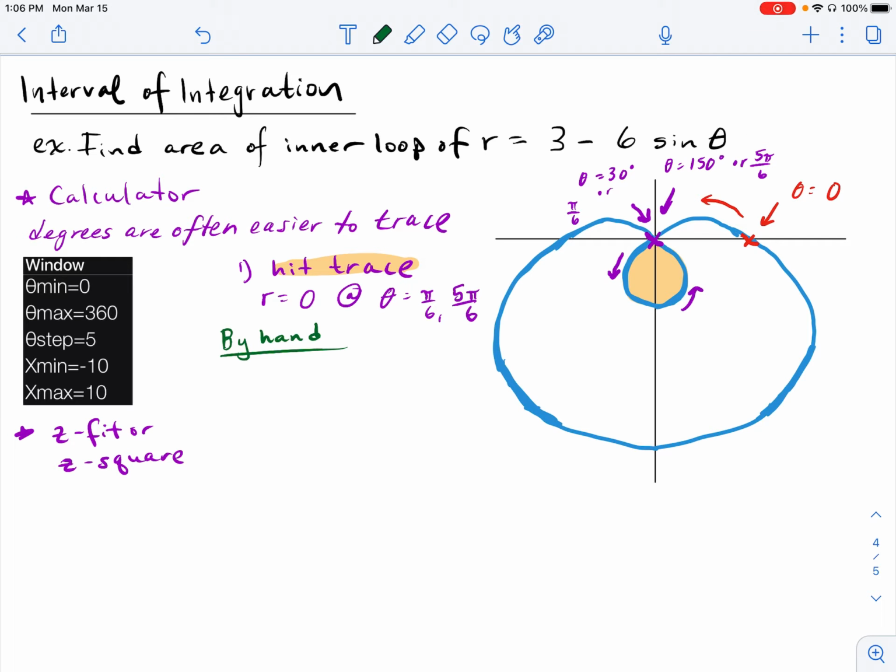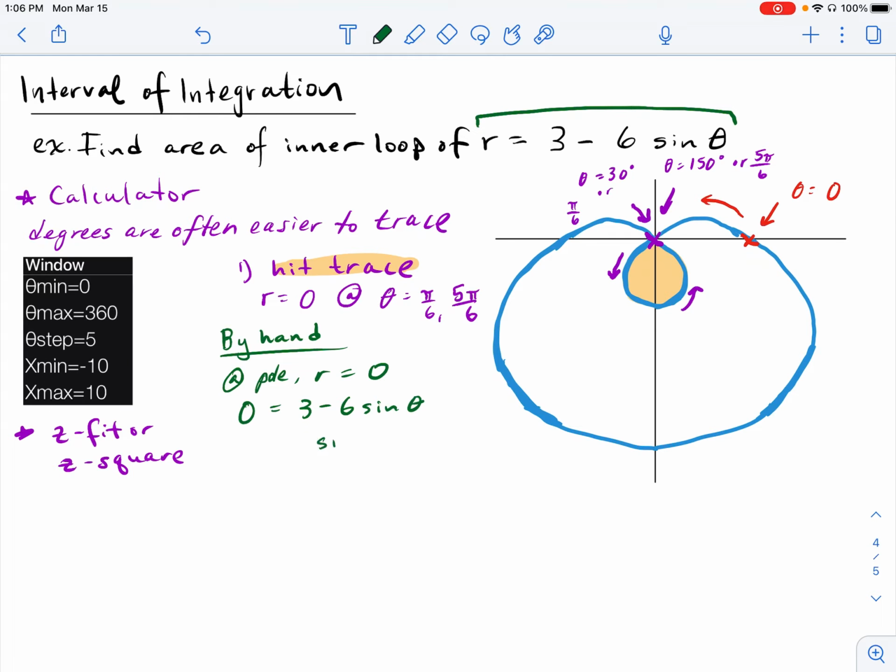ask yourself, well, I know my loop starts and ends at the pole. What do we know about the pole? What is the r value at the pole? At the pole, my r value is equal to 0. So you want to take this polar function and just set it equal to 0. 0 is equal to 3 minus 6 sine theta.